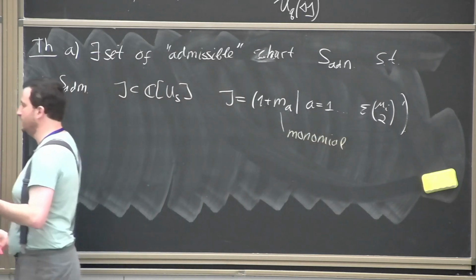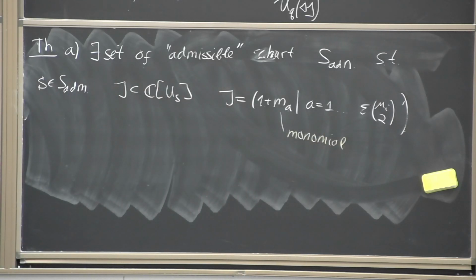In some special cases, hook partitions, the original chart works. But for this rectangular partition, you see this is not a monomial. It's not a binomial.